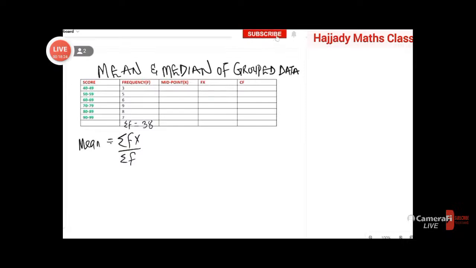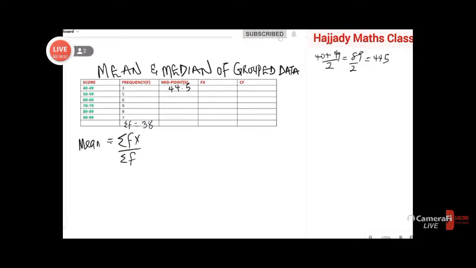Now calculating our midpoint, because the midpoint is going to stand for our score. So calculating the midpoint between 40 and 49, just on a rough sketch, 40 plus 49 over 2 gives 89 over 2, and that's going to give us 44.5. So the midpoint of this is going to be 44.5.